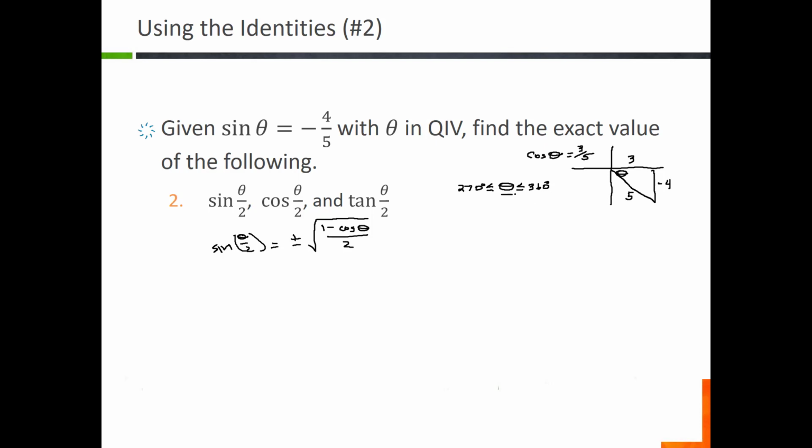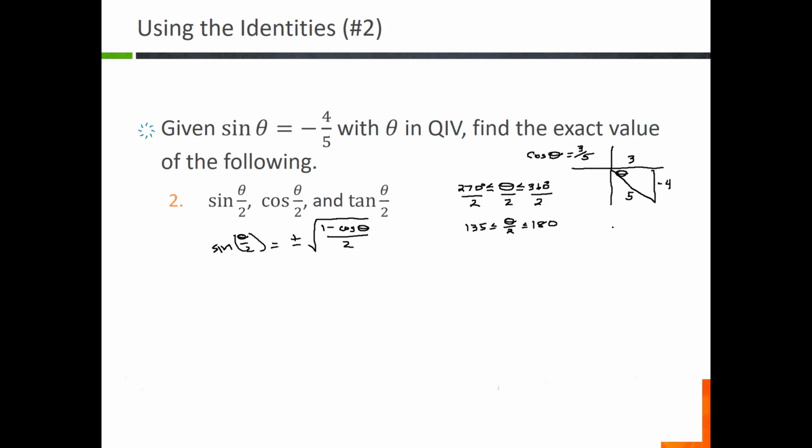And let's divide everything by 2, because I want it to be theta over 2. Well, half of 270 is 135. So 135 degrees has to be smaller than theta over 2, and that has to be less than or equal to half of 360, which is 180 degrees.